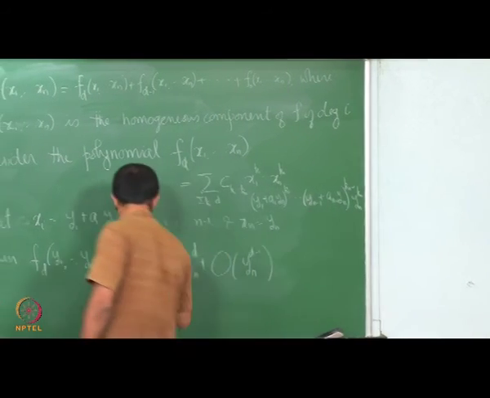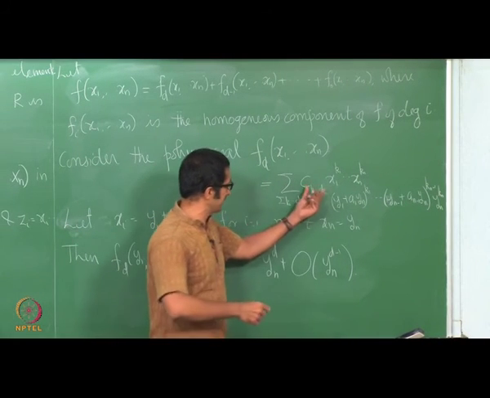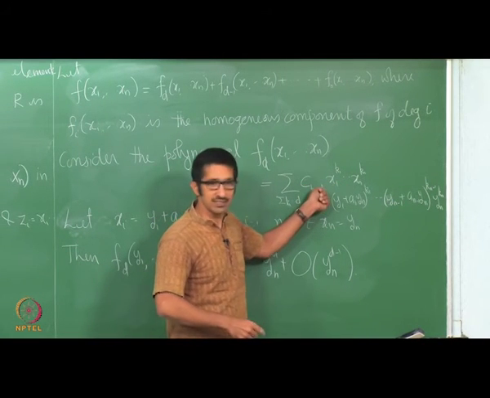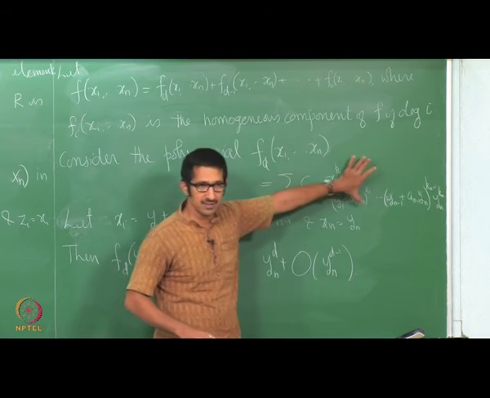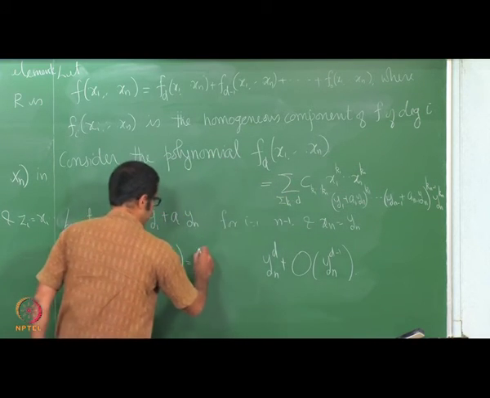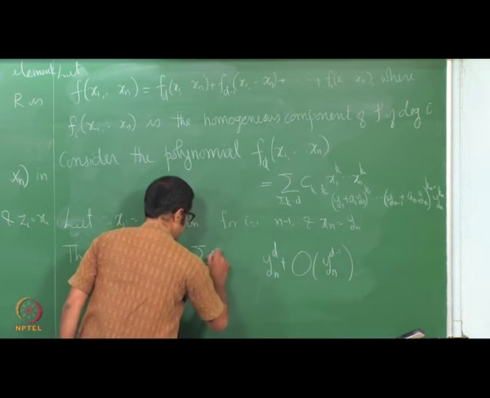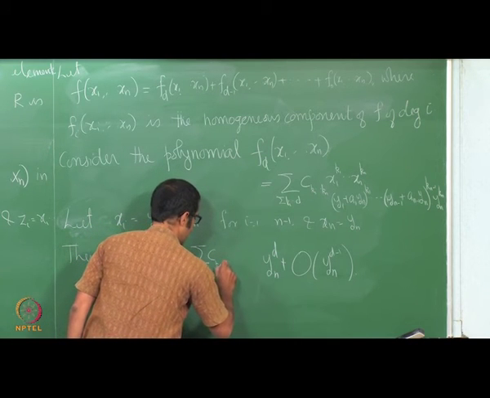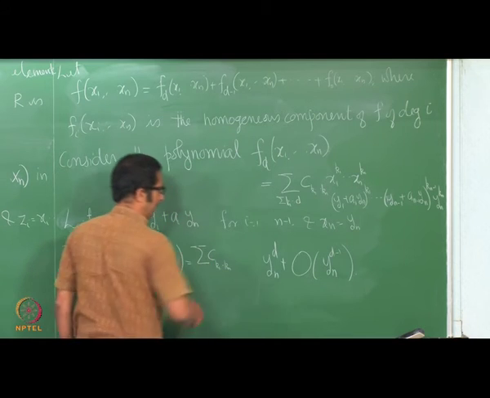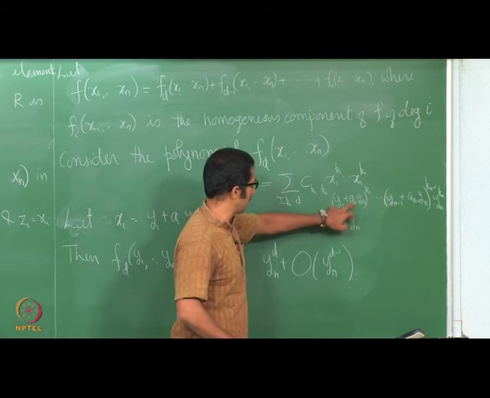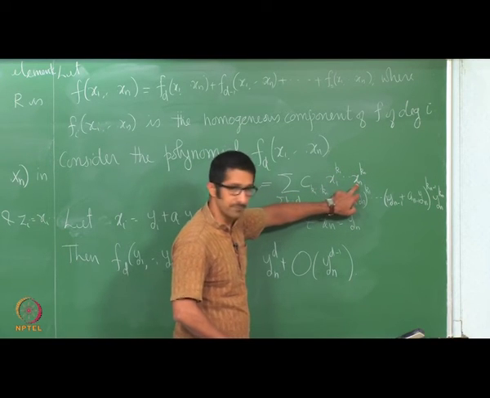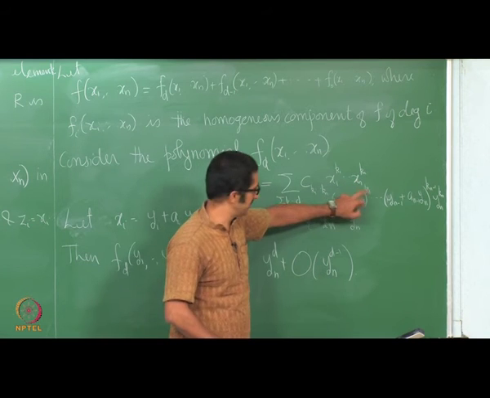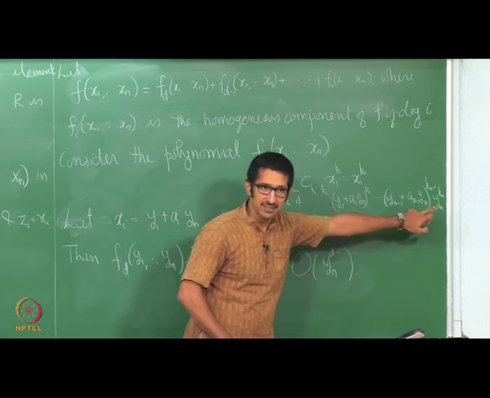So, the leading term will come from each term like this. The leading coefficient will be of the form C of k1 up to kn, a1 power k1, a2 power k2 up to a n minus 1 power k n minus 1, and 1 coming from here.